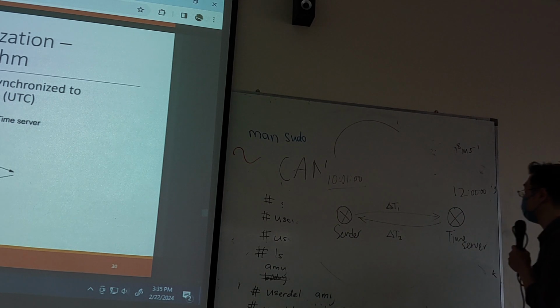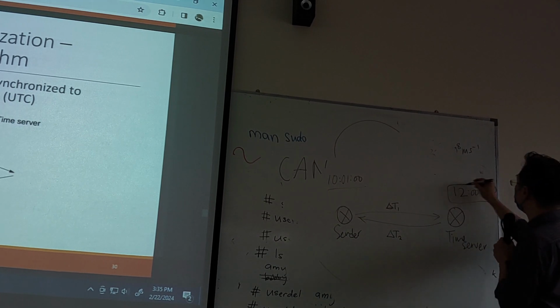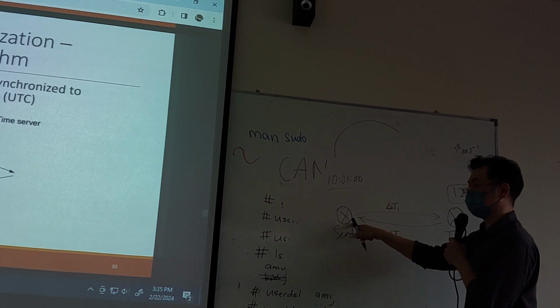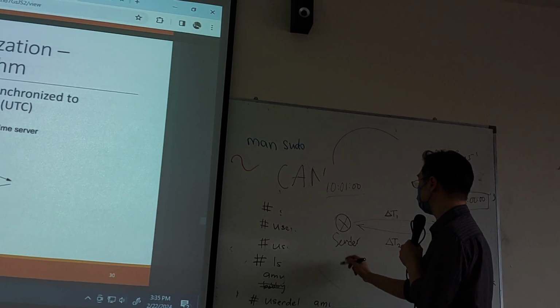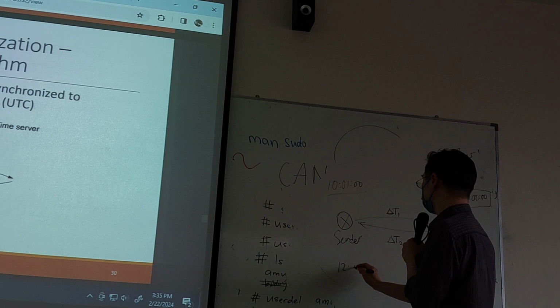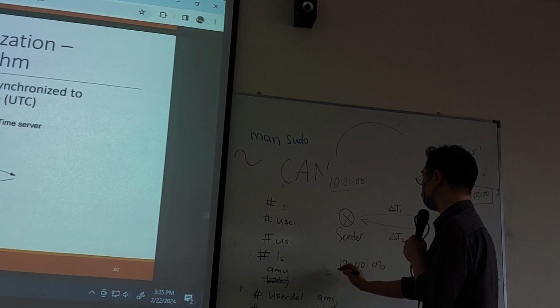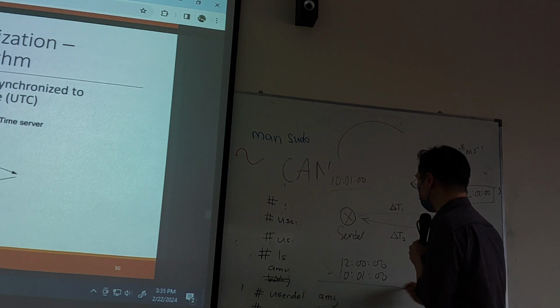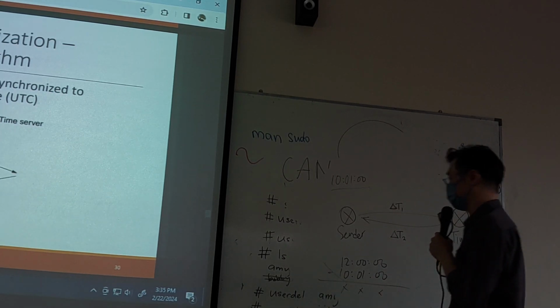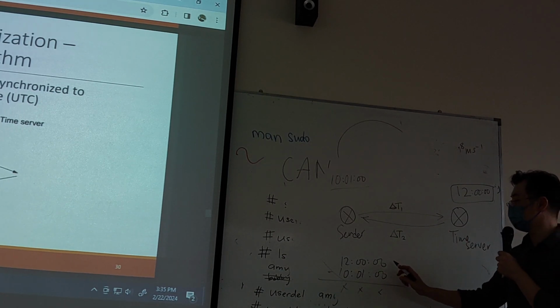I know when I send it, and when the message appears here, I can see the difference, right? So the difference is 12 minus 10. So I know the result here, but I cannot use this result.